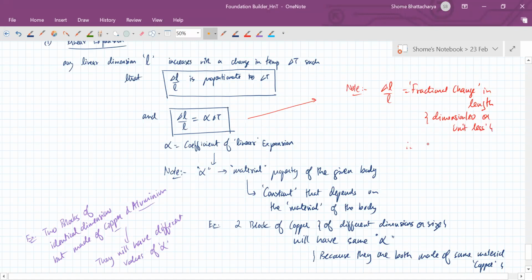That's why alpha is expressed in per degree C or per Kelvin. And for metals, the value of alpha has an order of magnitude of 10 raised to minus 6 per degree C. So most metals typically have a coefficient of linear expansion whose order of magnitude is 10 raised to minus 6 per degree C.